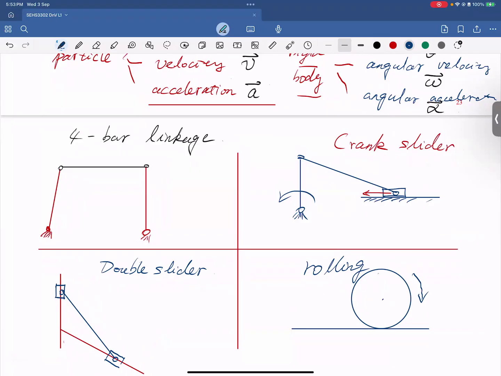For example, we know how it rotates, its angular velocity, angular acceleration. At this position, can we find the angular acceleration of this one? Or the angular velocity of this one? Can we find the velocity of this specific point?